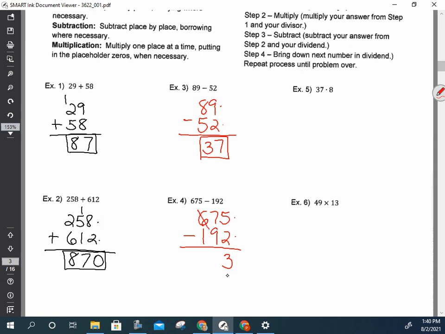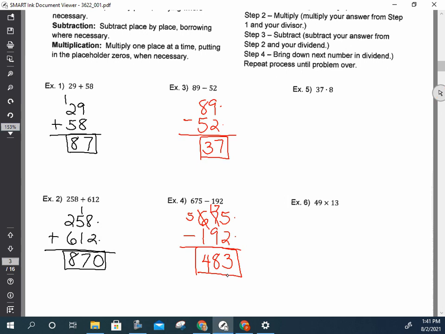So make the 6 a 5, and change the 7 to a 17. 17 minus 9 is 8, and 5 minus 1 is 4. So you're left with 483. So sometimes you will have to borrow, sometimes you won't. It just depends on the problem that you're working with.